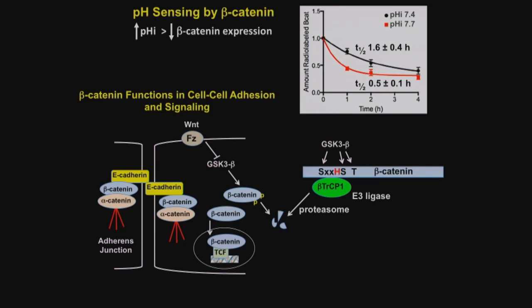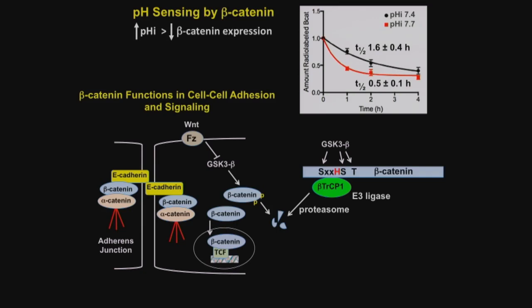All right? So the first thing we thought, logically, as you might also, is that somehow pH is regulating GSK3 beta activity. It doesn't. And then we noticed, and for some reason it has really not been reported in the literature, that there is a histidine just in the middle of this consensus sequence that's recognized by beta-TrCP.